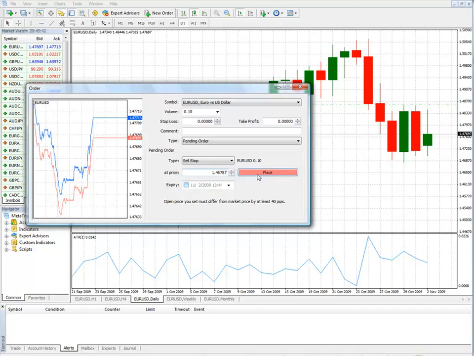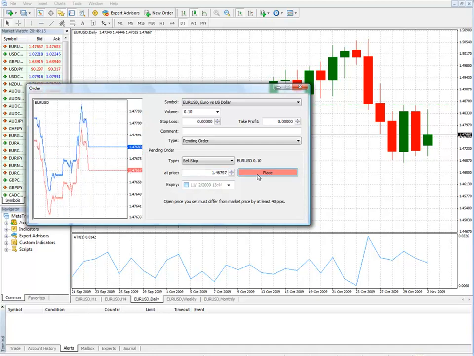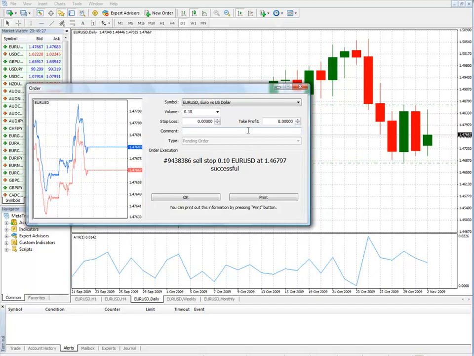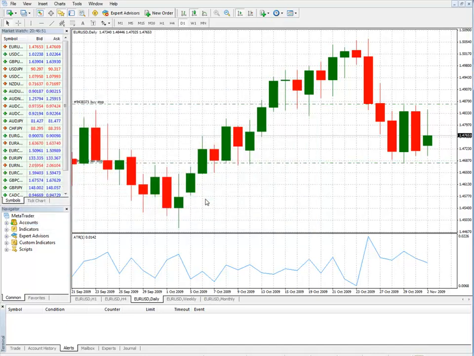Okay, so here we go. All right. So let's put a comment in here. Let's call it breakout of inside bar low.